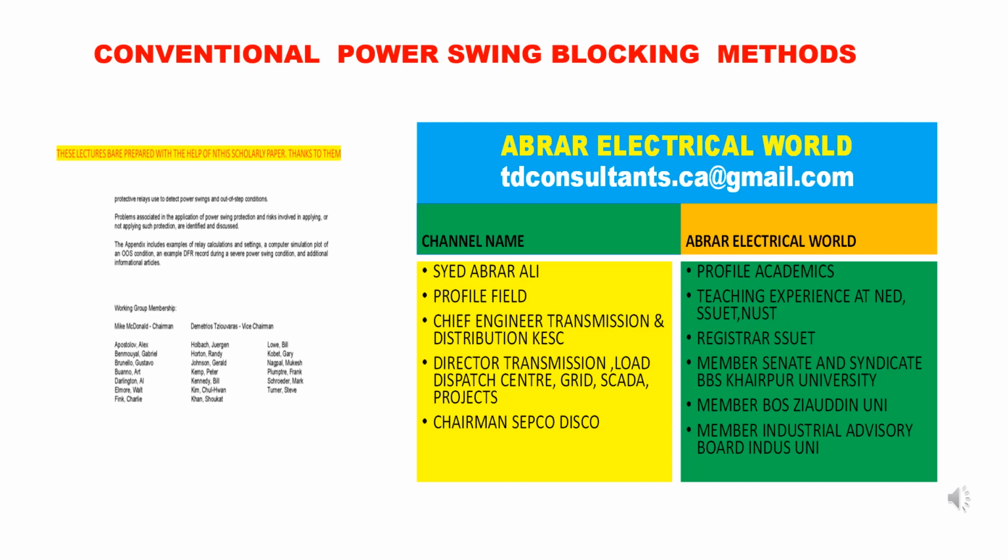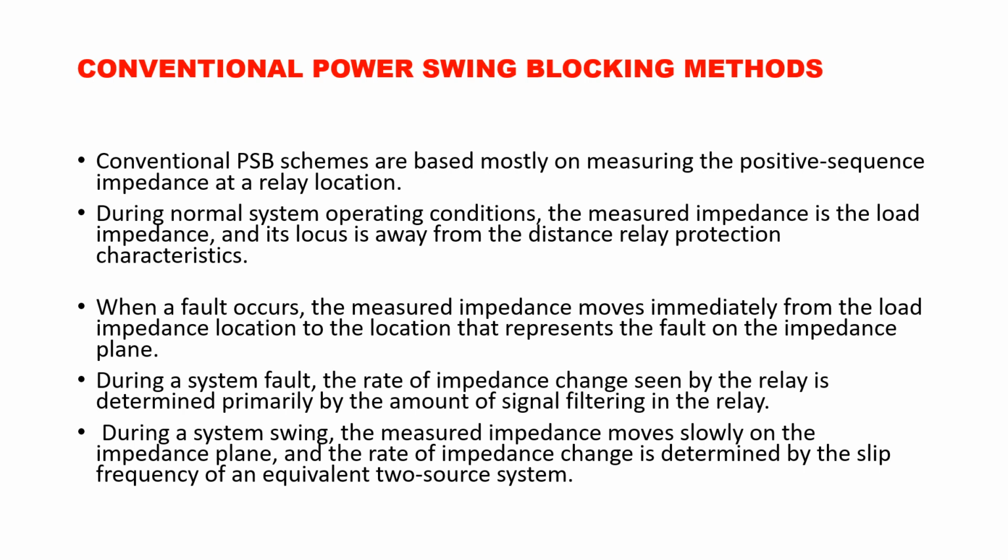I have taken some points and mentioned them here, and all the explanations are my own, from my own experience, and they are also mentioned in my classroom lectures with the hand drawn diagrams and the interactive sessions with the students. Now, what are the conventional power swing blocking methods? They are known as conventional, but you can also write the same power swing blocking method, and there is no difference.